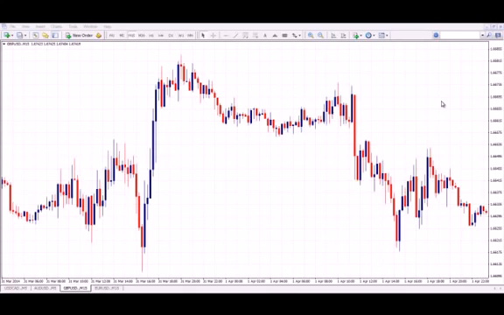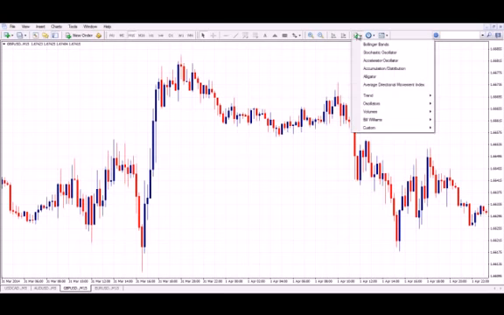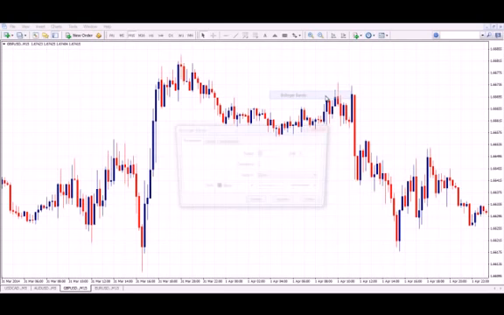But first of all, I'm going to show you how to plug the Bollinger Bands into your charts. If you are using the MetaTrader 4 platform, as I am, you go to this plus button. This plus button is the button that you click when you want to add an indicator. You click on the plus button, you go to trends, and then you select Bollinger Bands.